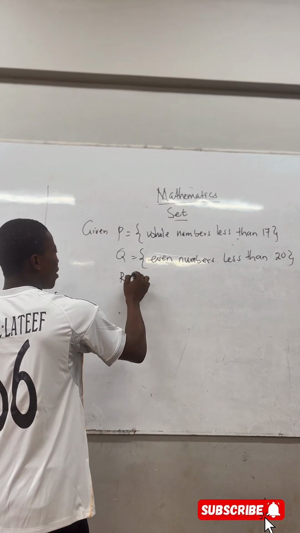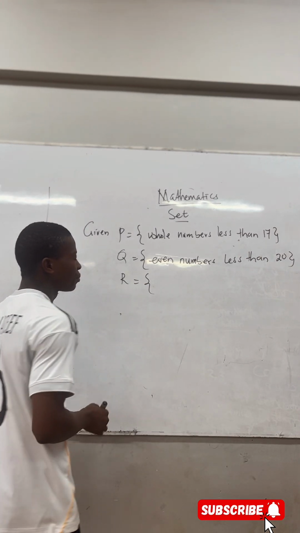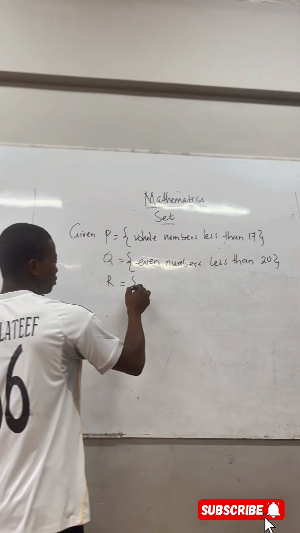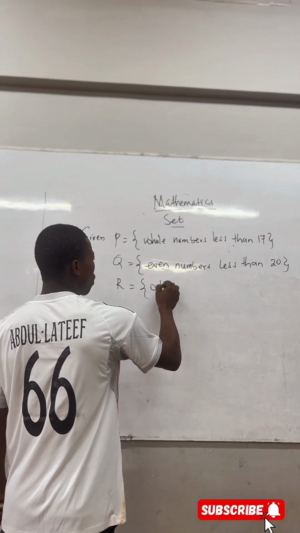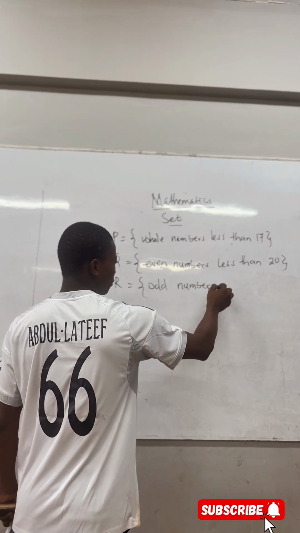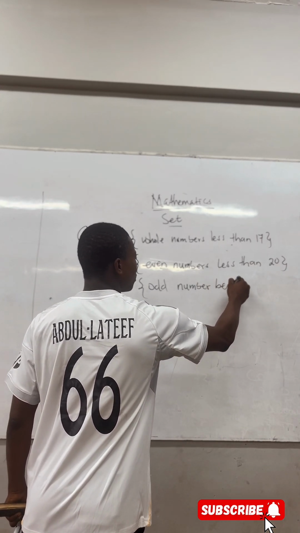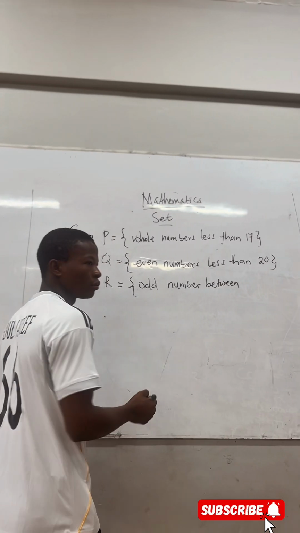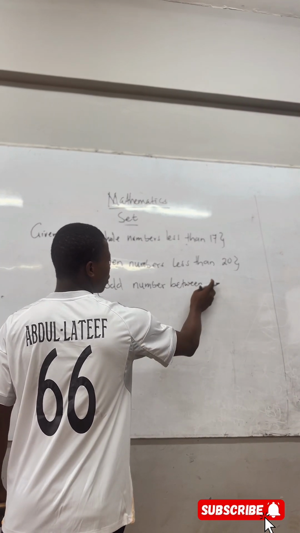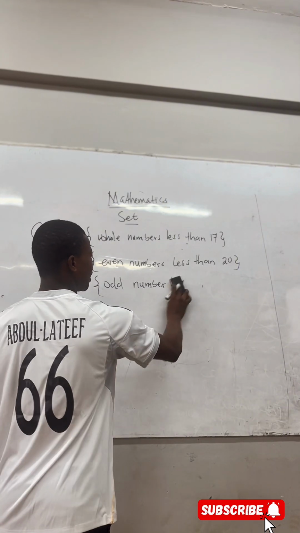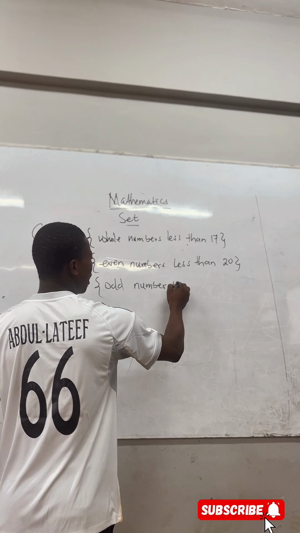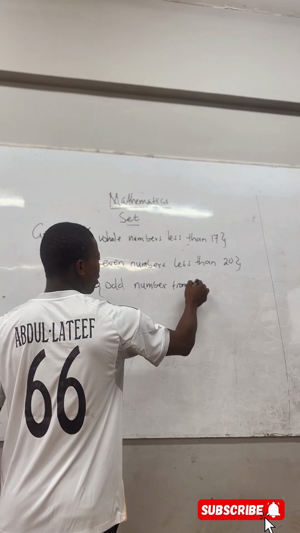Now we have R. We are having our set R, odd numbers between, let's have the odd numbers from 1.